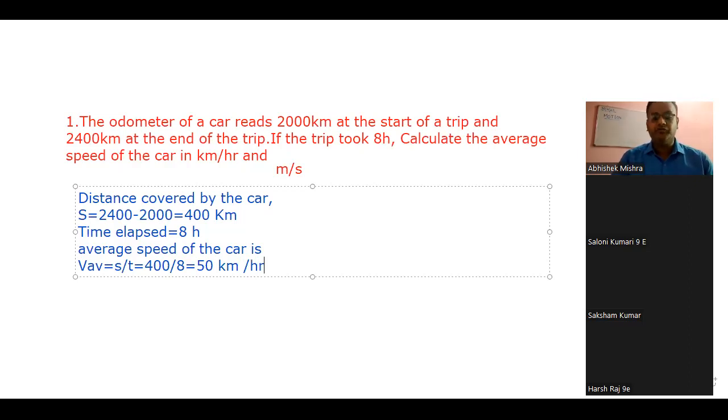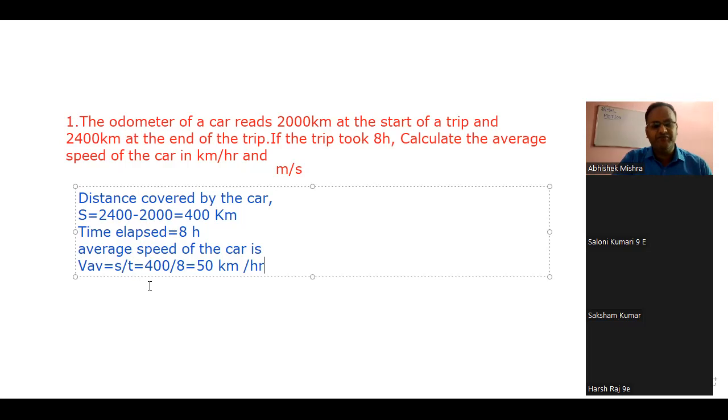Now, students, in the question it was given that we have to calculate the average speed of the car in kilometer per hour. So first we have to calculate the total distance covered, that is 2400 minus 2000, which is 400 kilometer. Then the time taken to cover this distance was 8 hours.